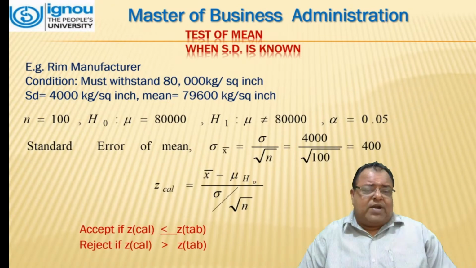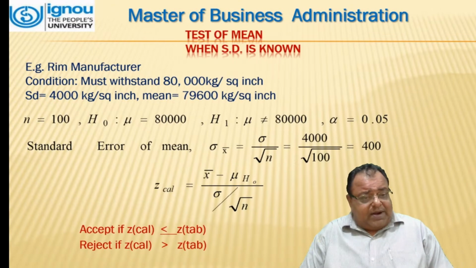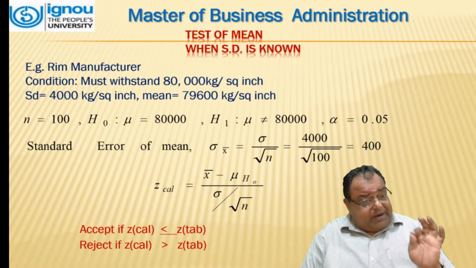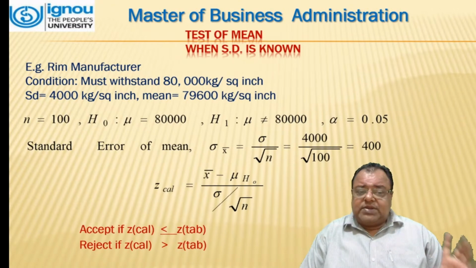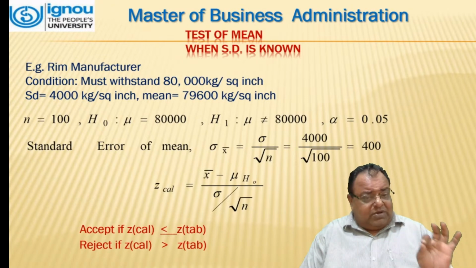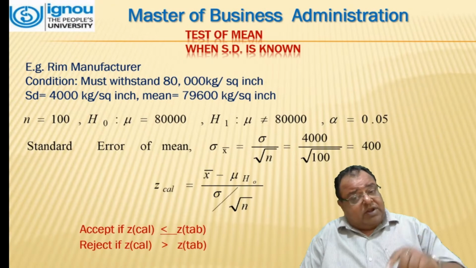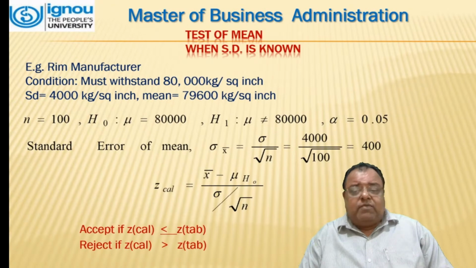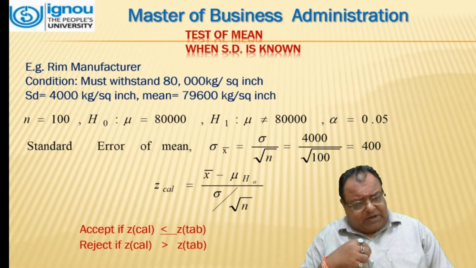Mathematically, we convert it into mathematical terms: n is equal to 100, and mu must be 80,000. The null hypothesis will be H naught: mu is equal to 80,000, and your alternate will be H1: mu is not equal to 80,000. We normally select alpha equal to 0.05.